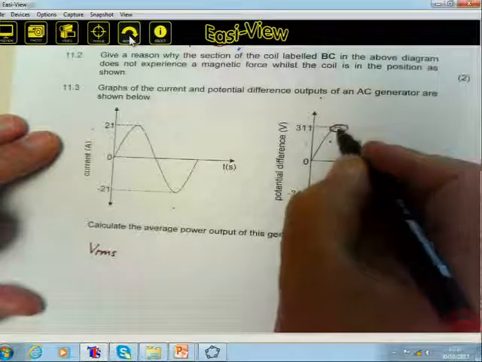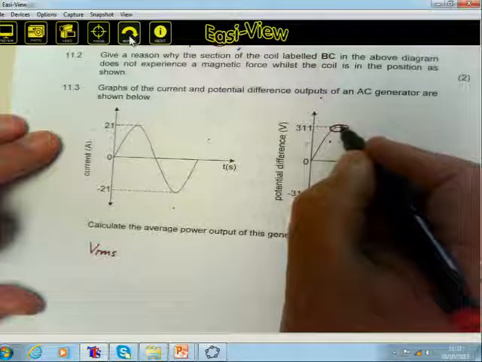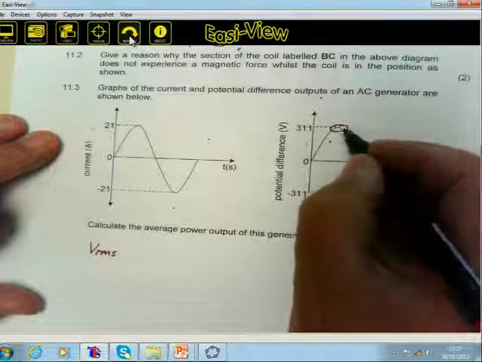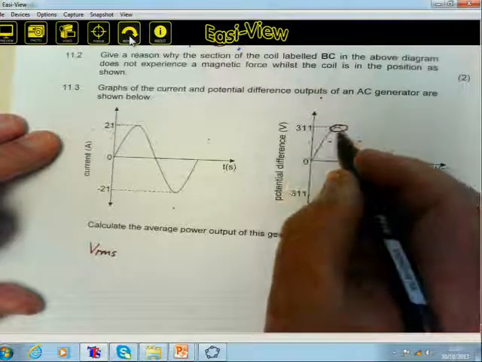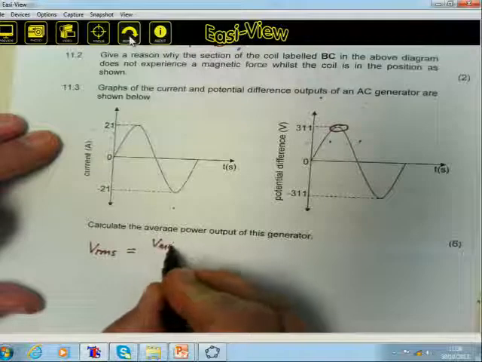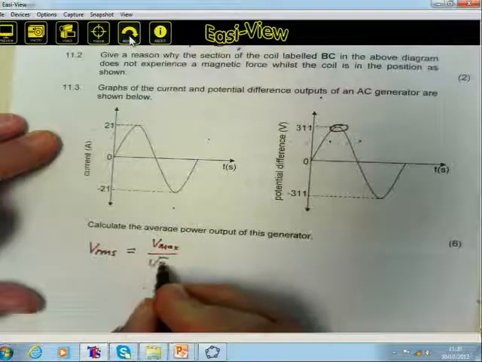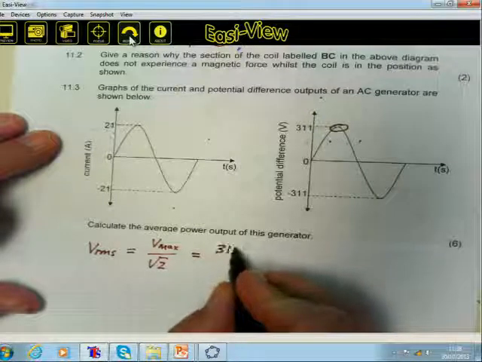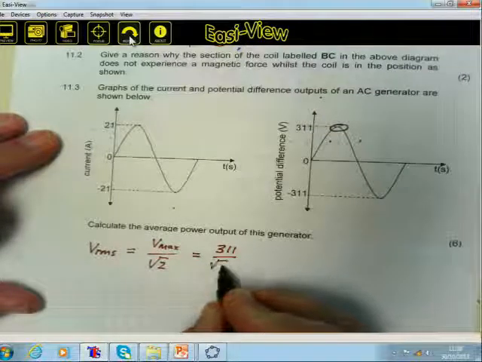They indicate to you that the maximum potential difference induced is 311 volts. So Vmax, derived from the graph, equals 311, and VRMS is 311 divided by the square root of 2.